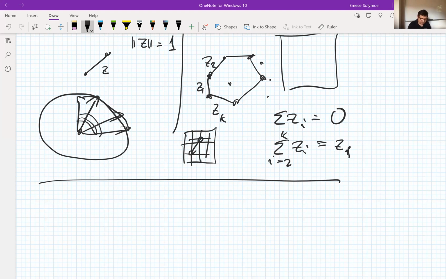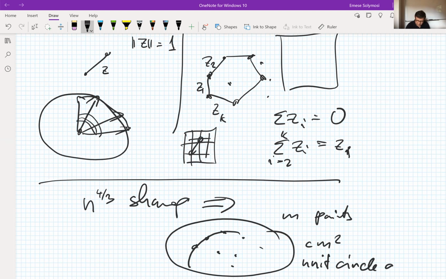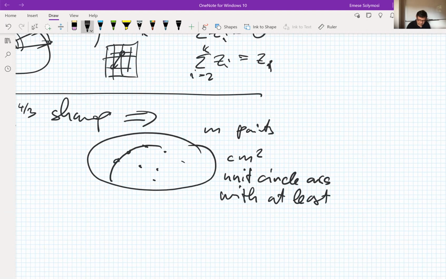And if you analyze those constructions, when the n to the 4/3 is sharp, that means that you will find some small windows of this arrangement when you have, say, m points. m is much smaller than n, but actually it's a polynomial. m points, and some constant times m squared unit circle arcs, which have at least 3 points on it.